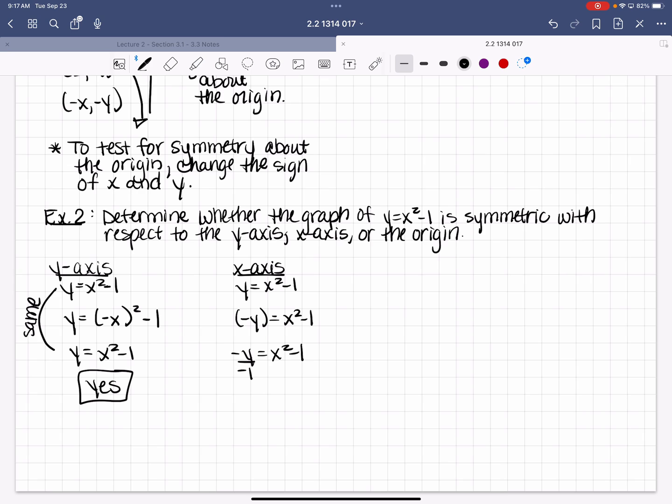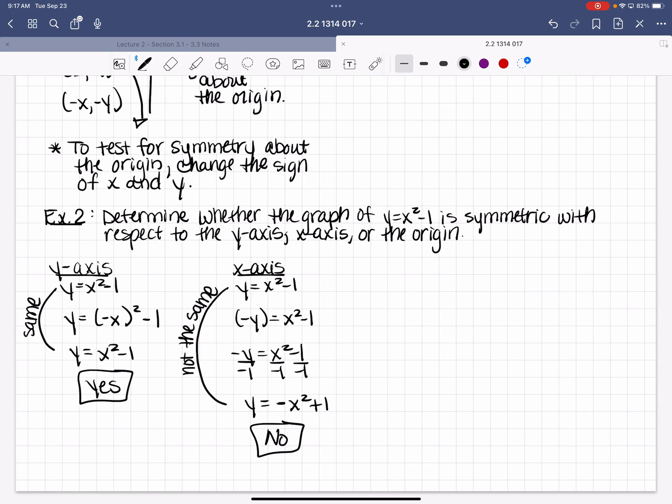So if I'm dividing everybody by negative 1, that winds up giving me y equals negative x squared plus 1. Is that the same as what I started with? No. So not the same. So that's a no.